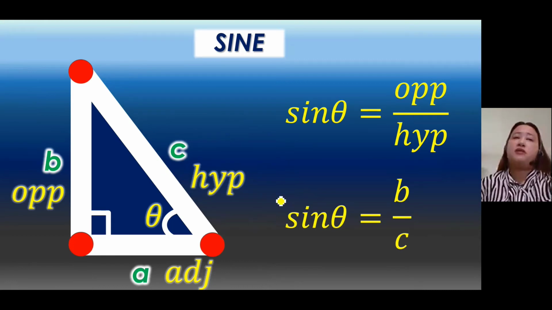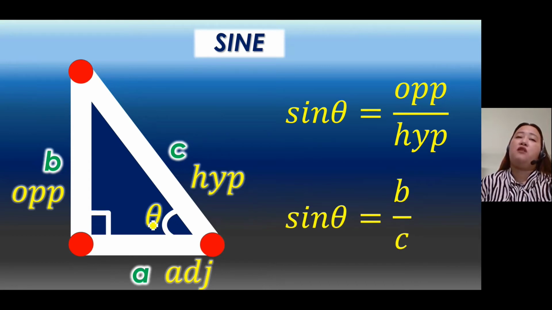Since we have the opposite, denoted by B, and the adjacent, denoted by A, and C is for the hypotenuse, sine theta is B over C, or opposite over the hypotenuse.